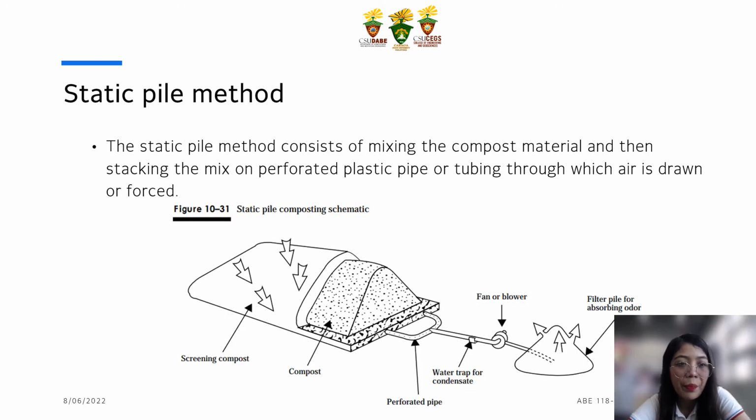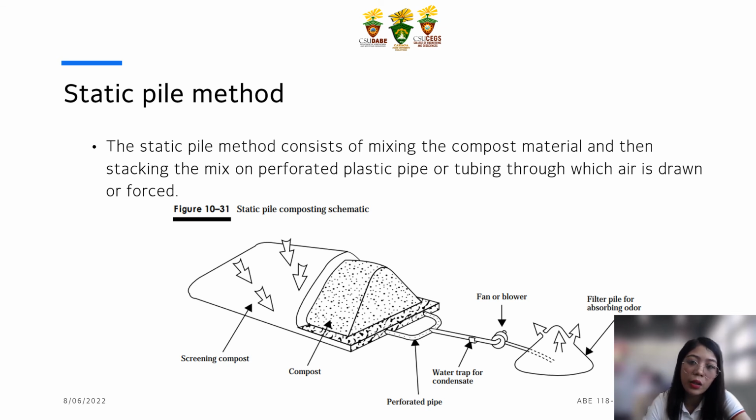So the static pile method consists of mixing the compost material and then stacking the mix on perforated plastic pipe or tubing through which air is drawn or forced. Forcing air through the compost pile may not be necessary with small compost piles that are highly porous, or with a mix that is stacked in layers, with highly porous materials.